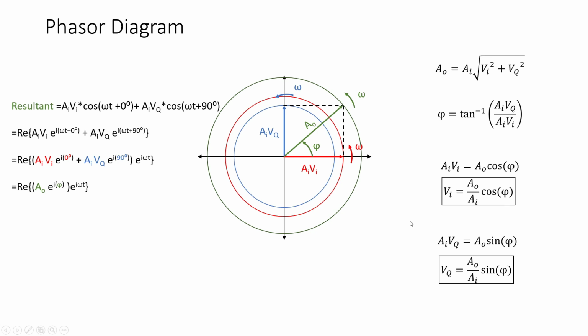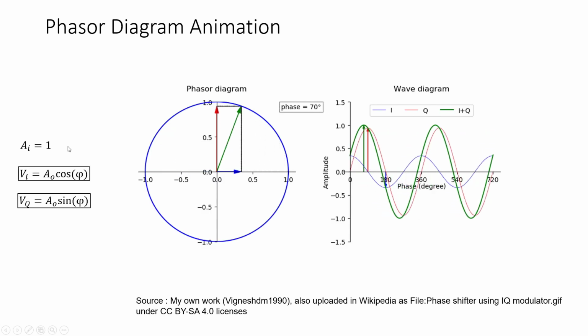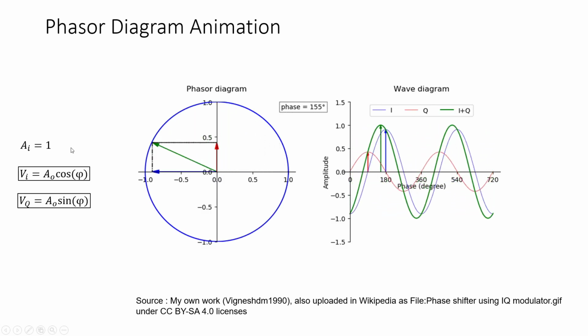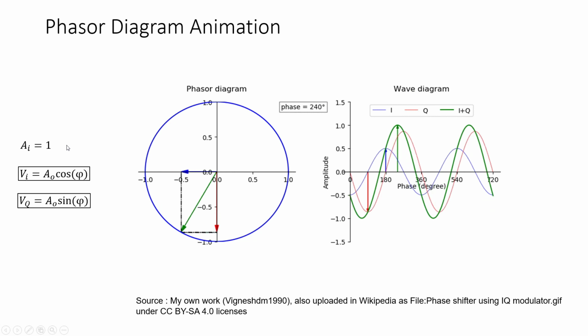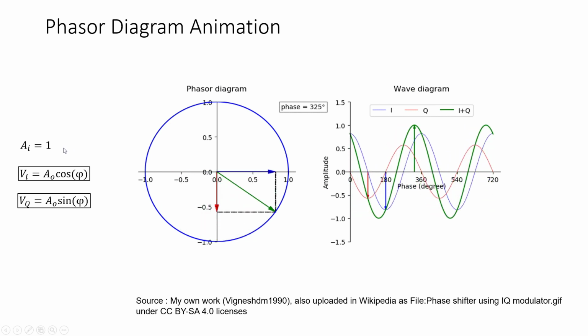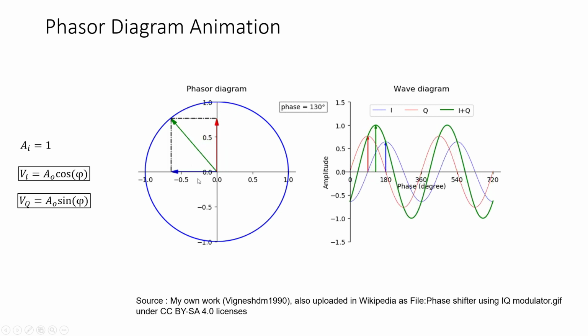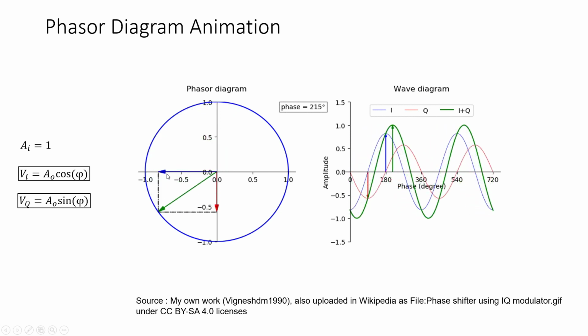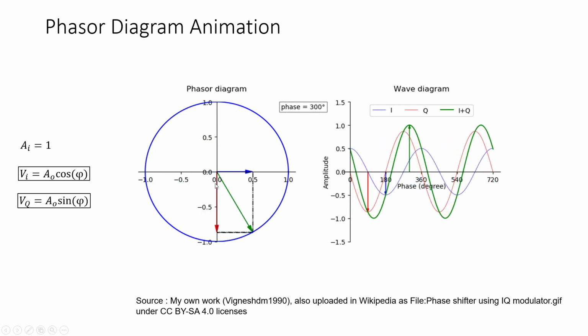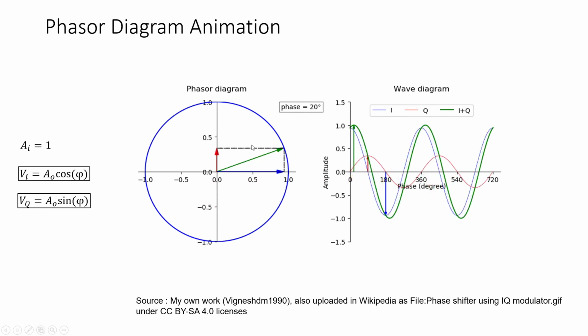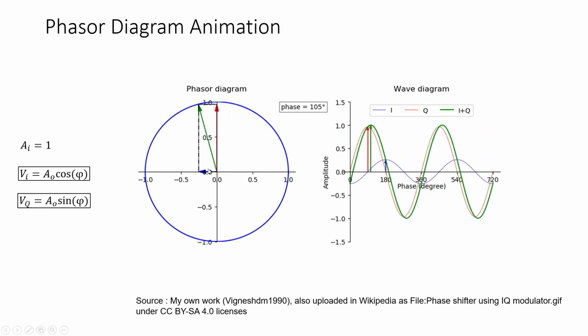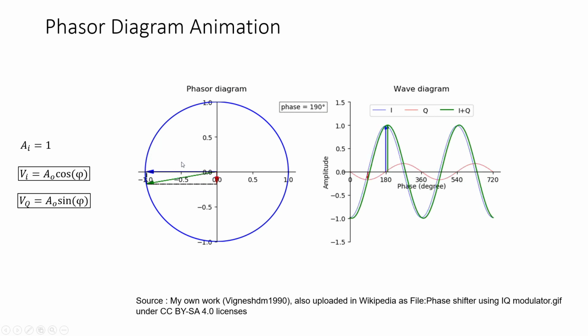Now we will substitute AI equal to 1 in the previous equation in order to make it easier for us to visualize. Here we can see how the relative change in the Vi and Vq magnitude gives rise to the resultant magnitude, represented here by the green arrow.